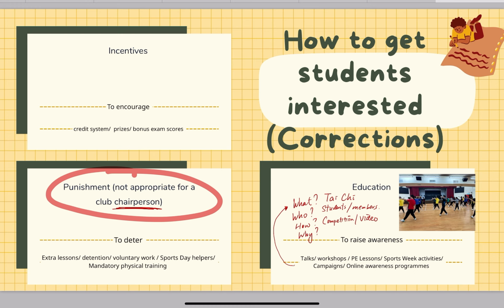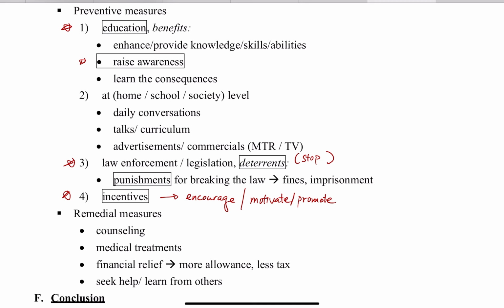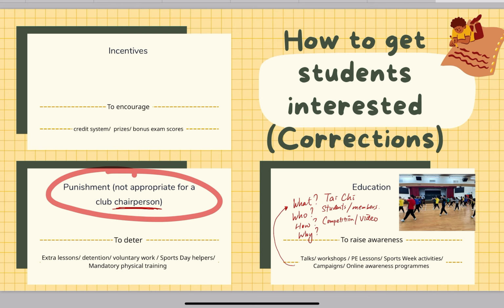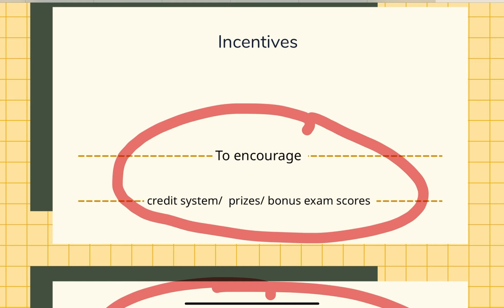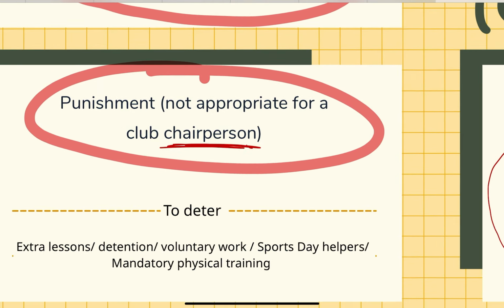So, according to the problem solution framework, there are three main ways for us to tackle a problem. Number one is education. Number two is punishment, and number three is incentives. So how do we apply these three ways to the question? As for incentives, we may want to encourage students by using different bonus scores or credit systems.